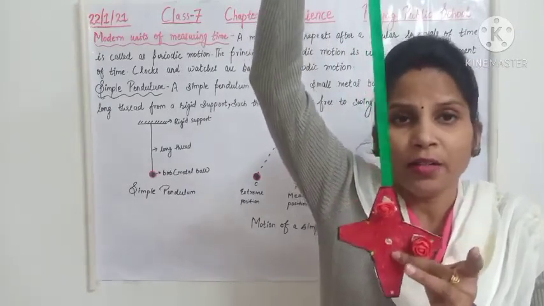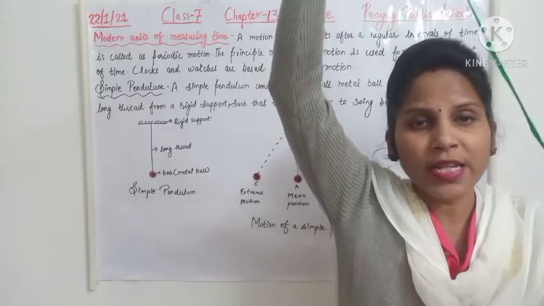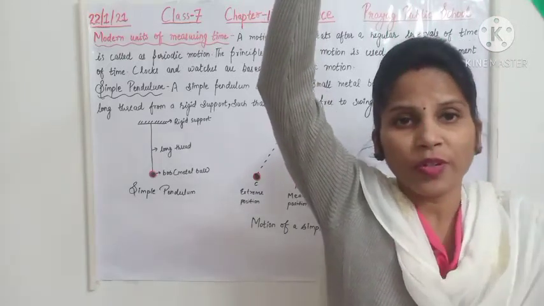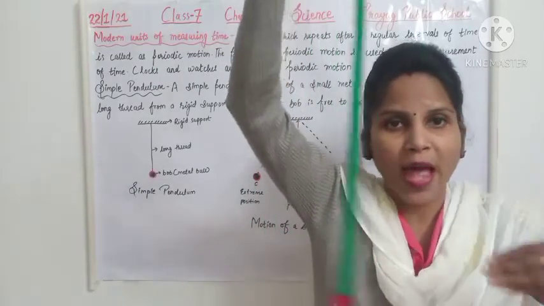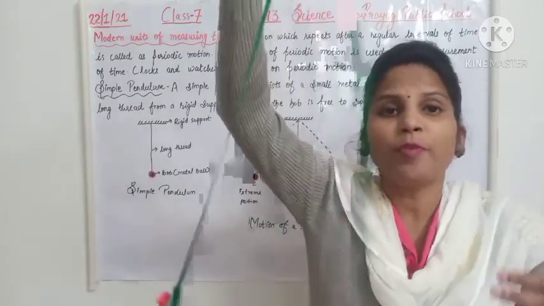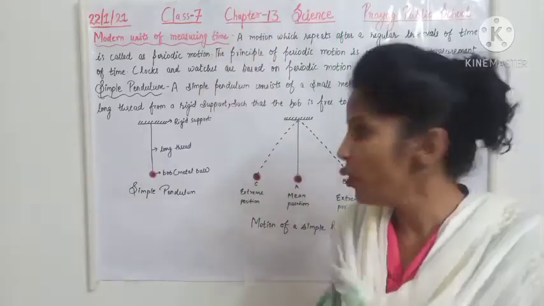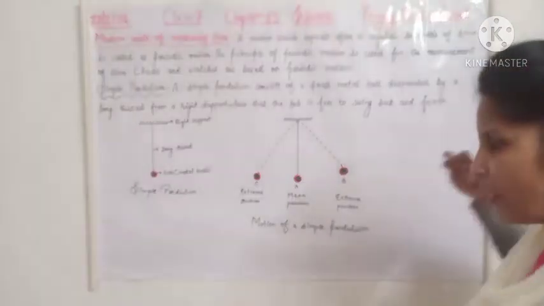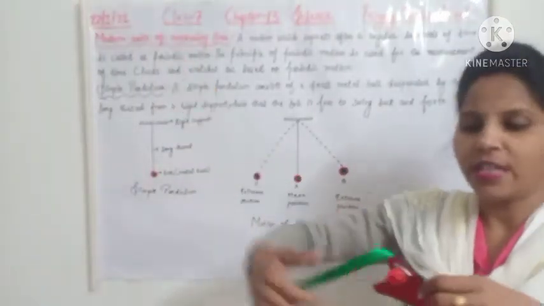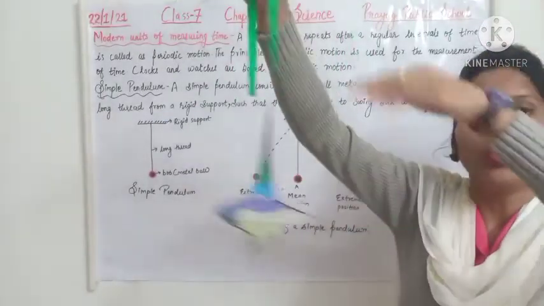During the periodic motion, when I release the ball, it will move like this, back, forth, back, forth. This type of motion is called periodic motion. Here you can see in the figure that when the ball is suspended and released from one side, as soon as I release it, it starts moving.